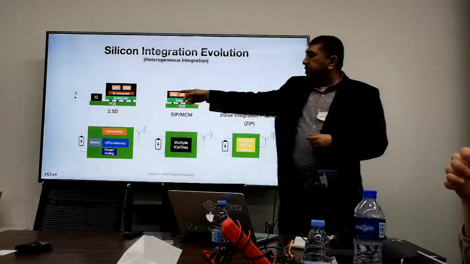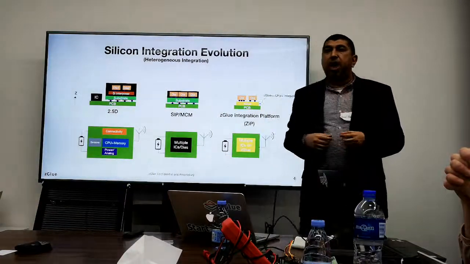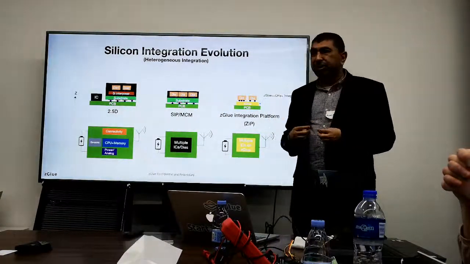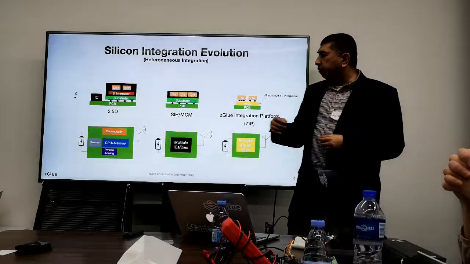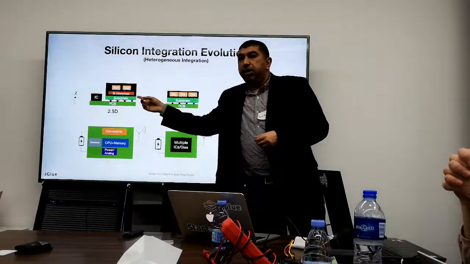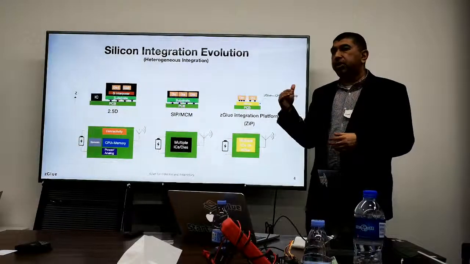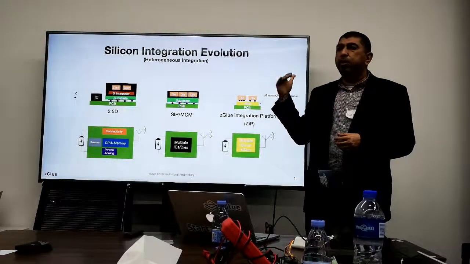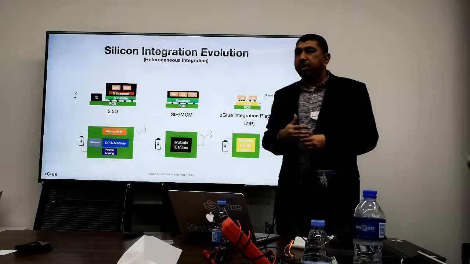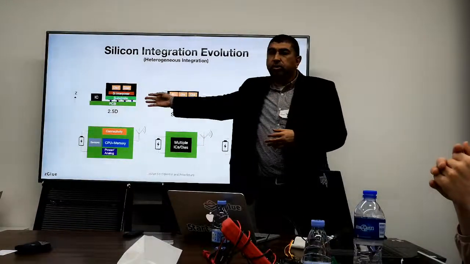This is really good technology for high performance applications. One of the challenges here is that the silicon interposer costs additional money. And these technologies have been a little bit more on the expensive side. But if you need performance, there is no other solution.